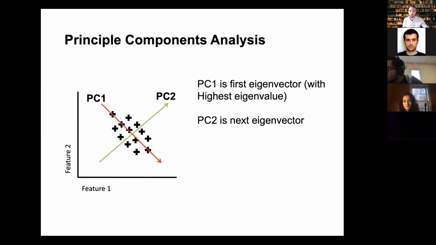And then PC2 is orthogonal and has the second highest eigenvalue and the second greatest amount of stretch. This data set only has two features, and so it only has two principal components. As you can see, there is less stretch in PC2 than in PC1. So this sort of explains how we're going to get that representation of the data.